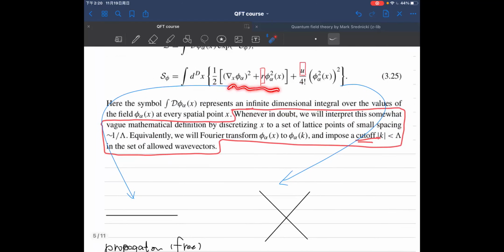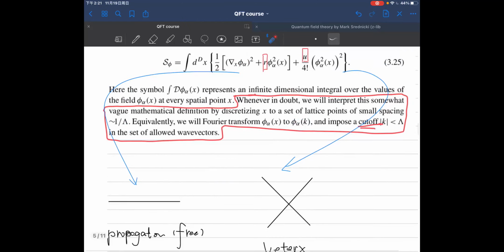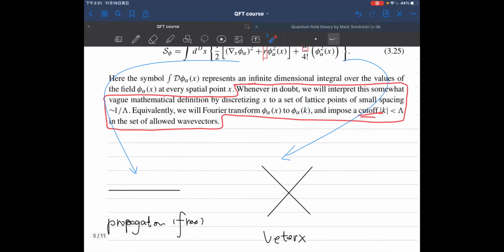It's just the inverse of this quadratic operator. It's quite easy to calculate the inverse in the momentum space. This one gives k squared, and this one is r. So this is the propagator.